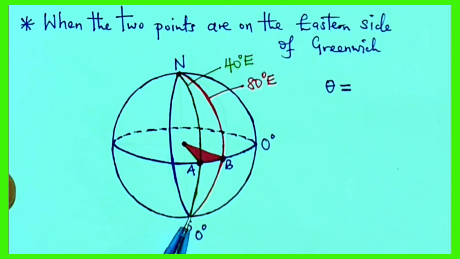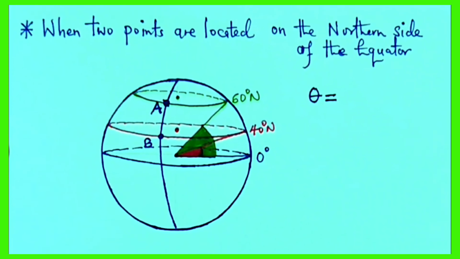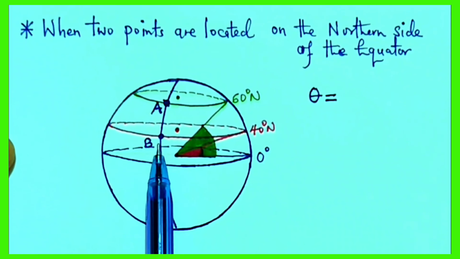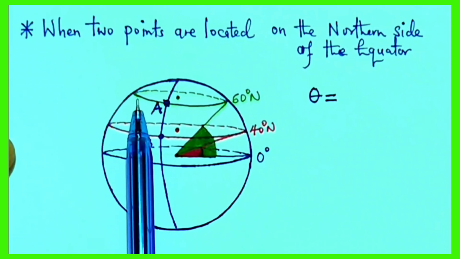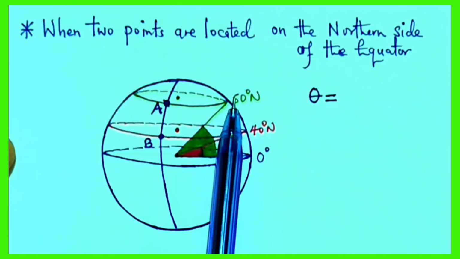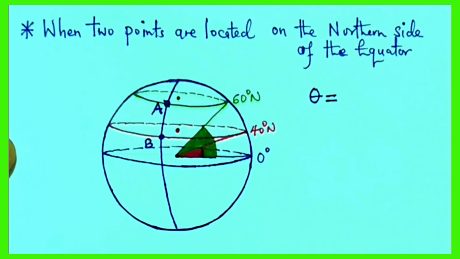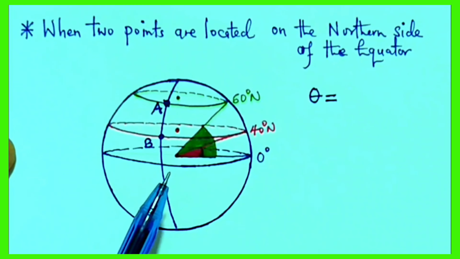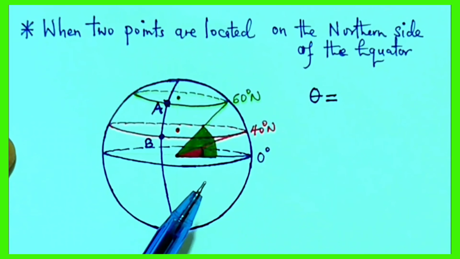And then we can also consider 2 points that are located on the northern side of the equator and on the same longitude. For instance, point A and point B here. Point A is found on the latitude 60 degrees north and point B is found on the latitude 40 degrees north. And this is like considering the angle beta for the 2 latitudes.